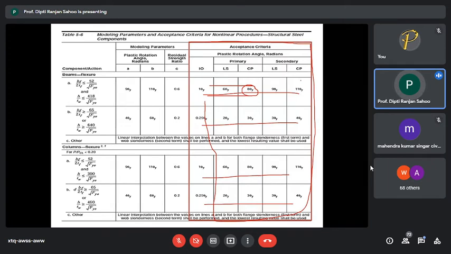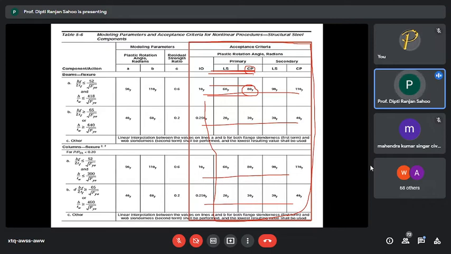The difference here is that your structure may meet the target displacement, but one or two beams may fail. That means they may exceed the acceptance criteria of 8 times theta y corresponding to CP, but the displacement they actually sustained is 10 times theta.